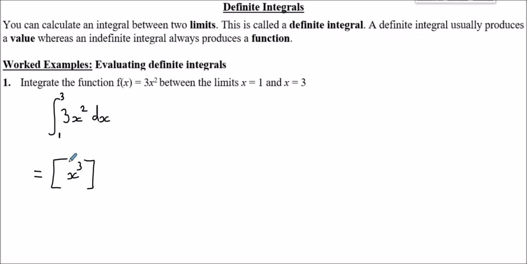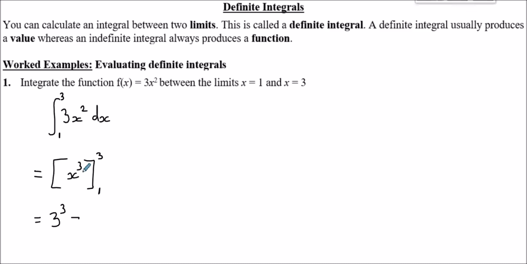Now we need to put these in squared brackets. Now this is an important bit of notation. When we're doing definite integrals, we put what we get when we integrate this into square brackets and then put the limits over here, like so. Then what we do is we substitute in the higher limit first into this expression, and so x cubed when x is 3 is 3 cubed, and we minus off what we get when we substitute in the lower limit, which is 1.